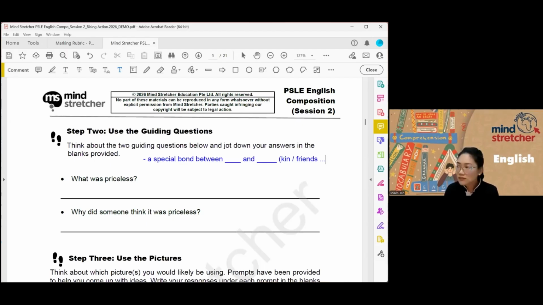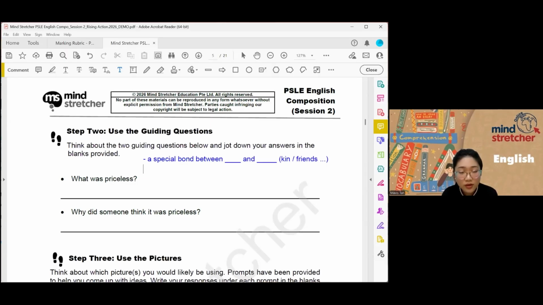Another thing that could be priceless would be a bond. A bond is a close relationship. So in today's picture, there is a photograph of a pet dog. So you could have a special bond with your pet, right?